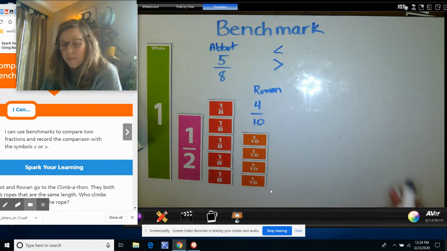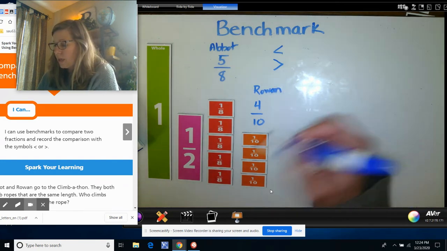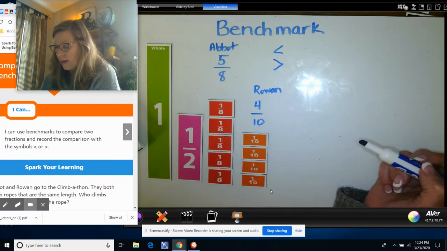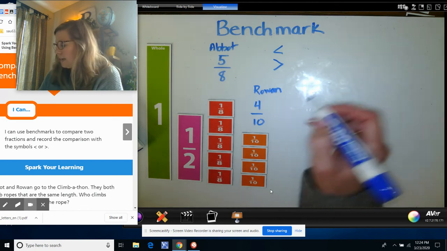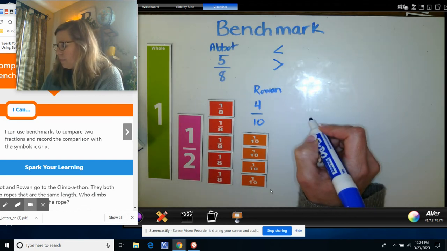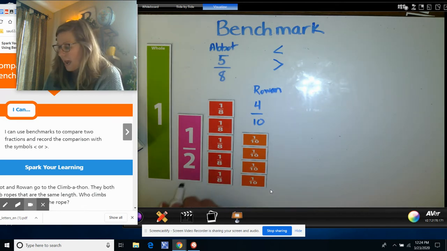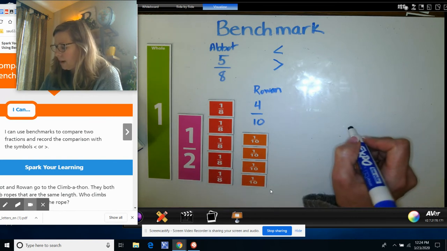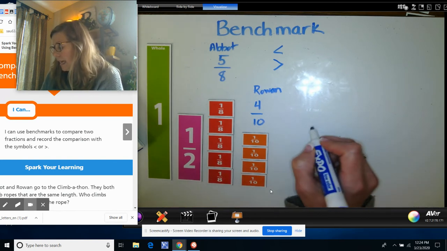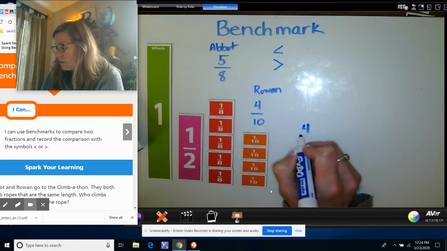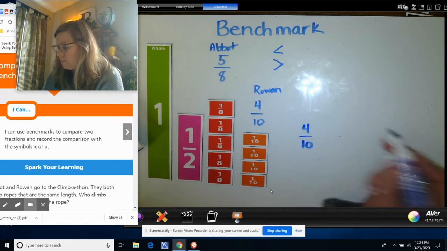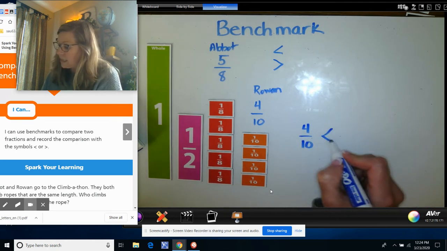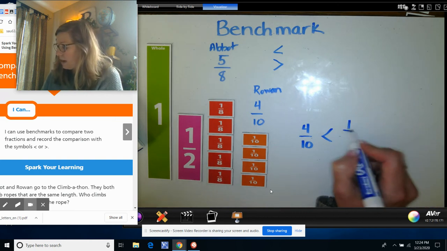All right. So you've made a choice of which one climbs higher than halfway up that rope. Well, if you're talking about half, and we're trying to compare to half, we can say that 4/10 is less than 1/2.